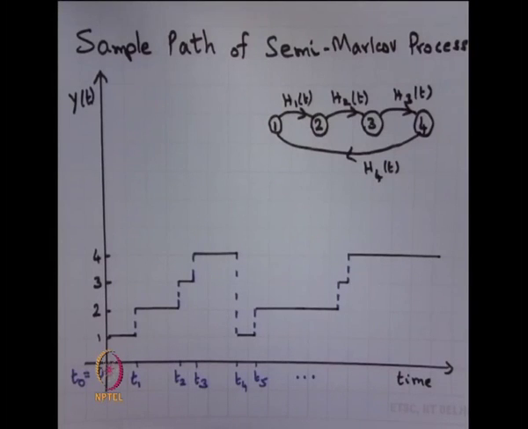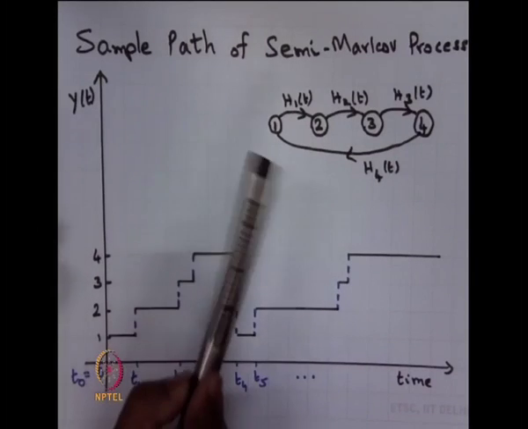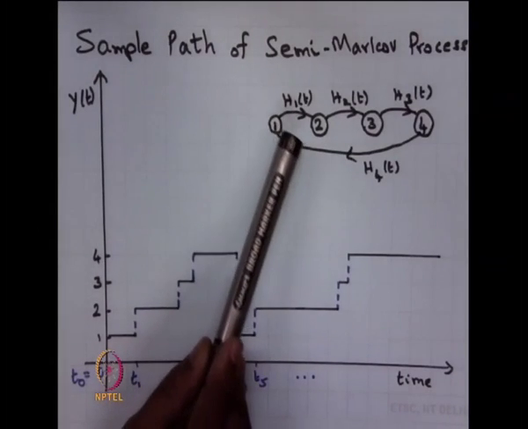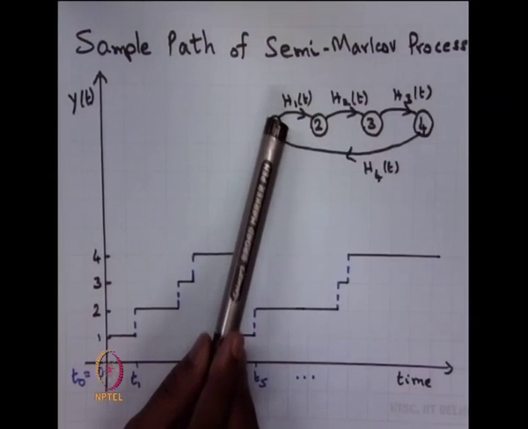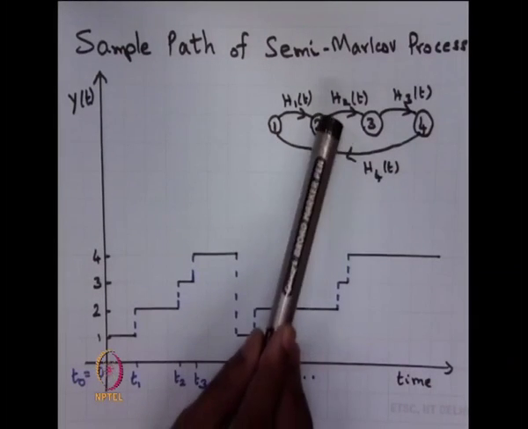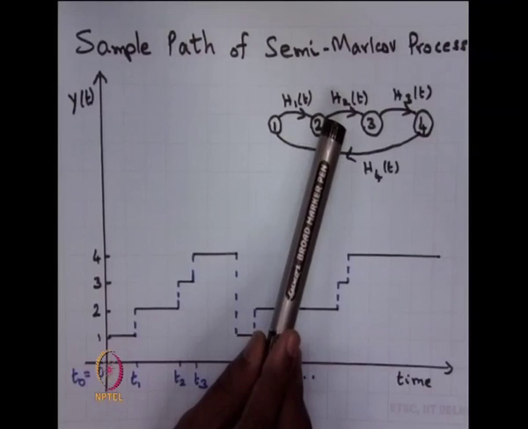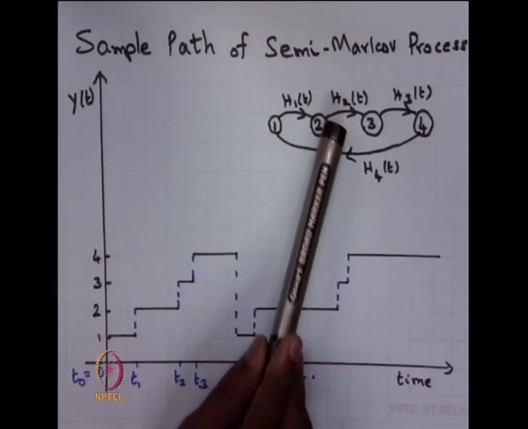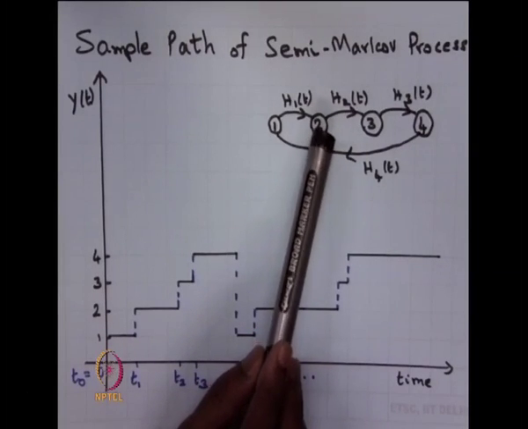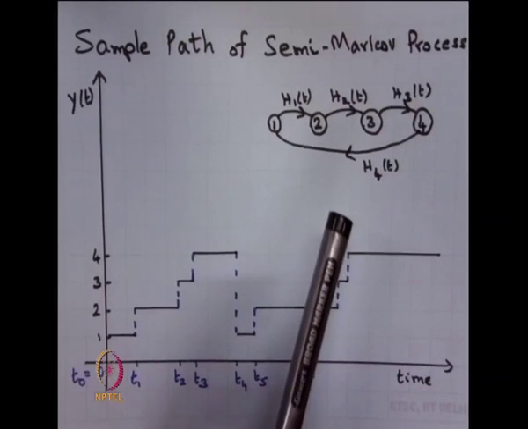Let us consider that the time spent in state i follows a general distribution with the distribution function hi of t. That means, in this example h1 of t is the distribution of the time the system spent in state 1, h2 of t is the distribution of the system staying in state 2, and so on.